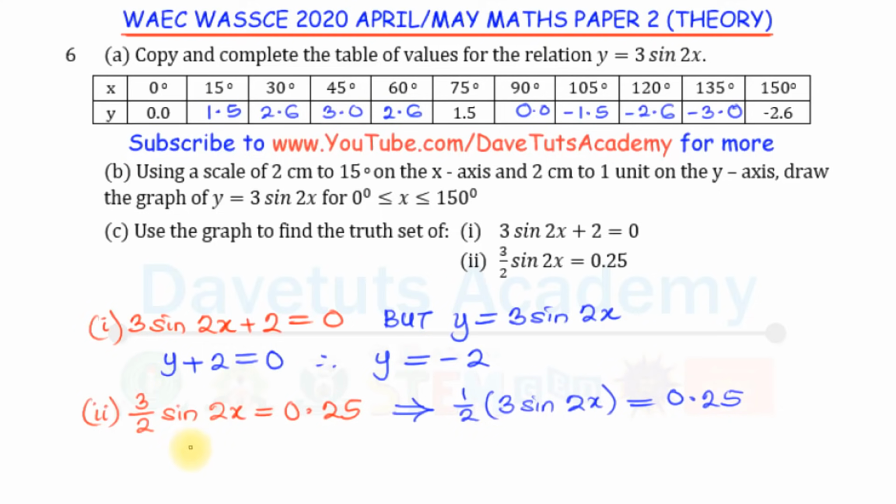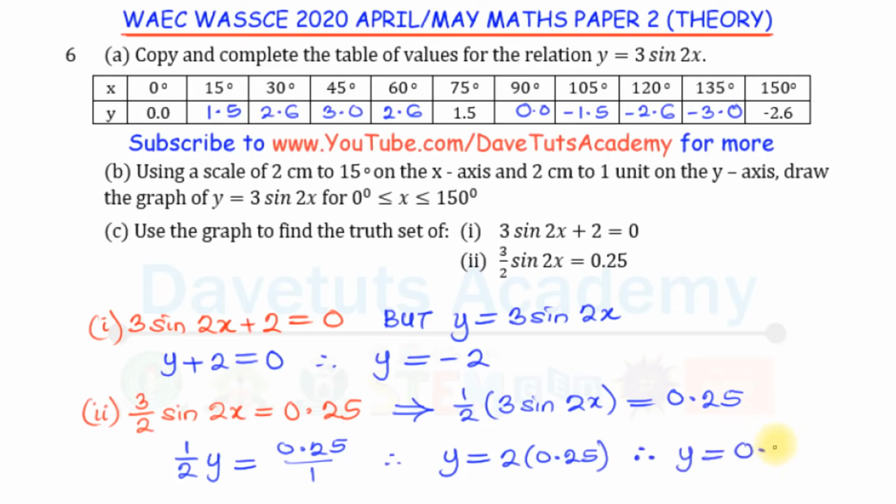So I can just write 1 over 2 multiplied by y is equal to 0.25. And I can say this is over 1. So if I cross multiply, that means y is equal to 2 multiplied by 0.25. And 2 multiplied by 0.25 is 0.5. So y is 0.50 here, and here we have y is minus 2.0.